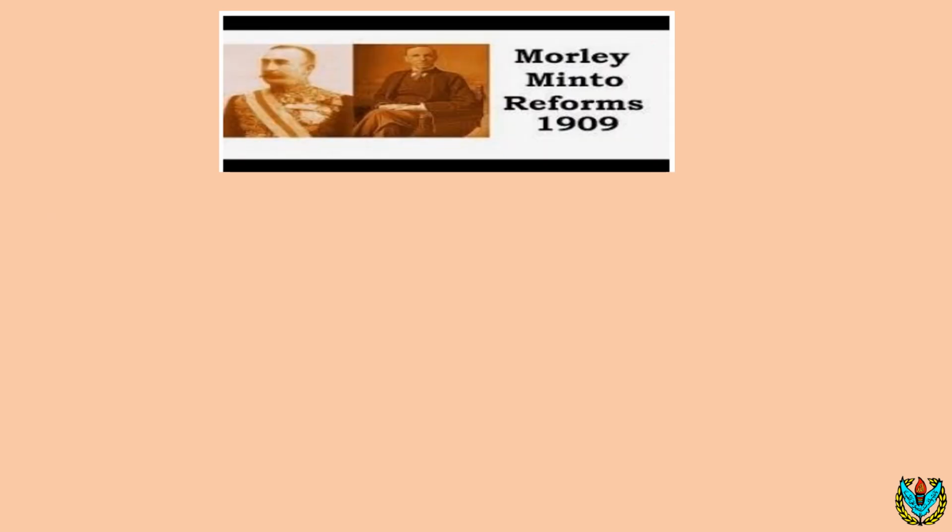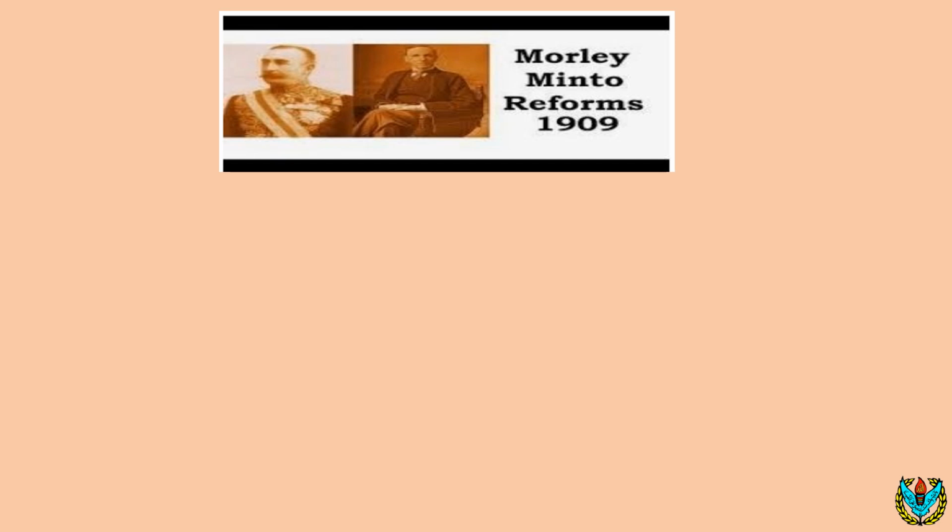After 17 years, the Britishers brought a limited increase in the involvement of Indians in the governance of British India. The Indian Council Act 1909 was also known as the Minto-Morley reforms.